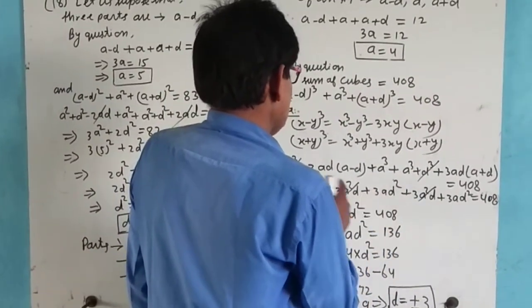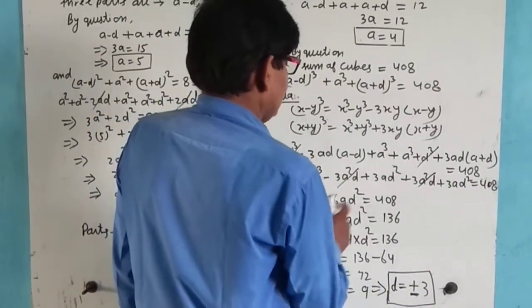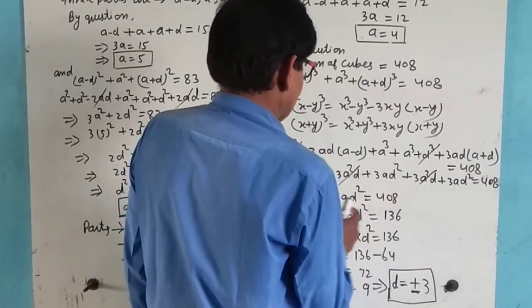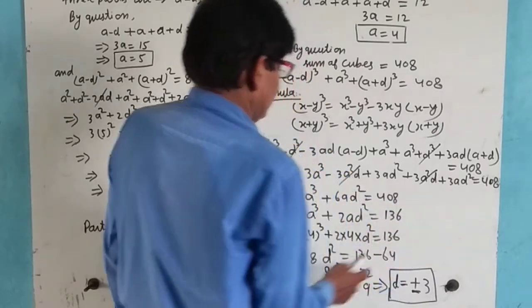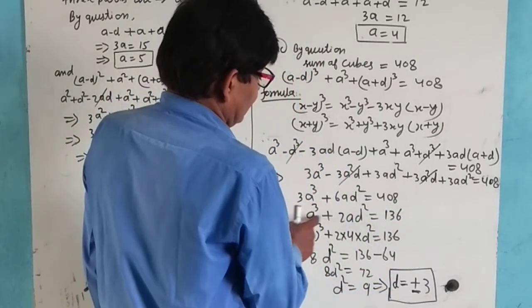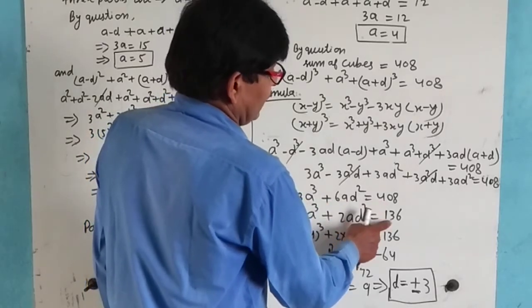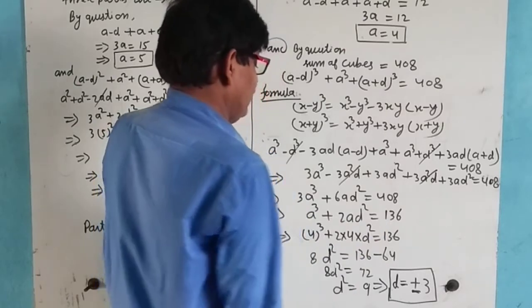Now we analyze 3a cube and 3ad square, 6ad square equals 408, and dividing by 3, that is a cube plus 2ad square is equal to 3 1 is 3, 3 3 is 9, 3 6 is 18.